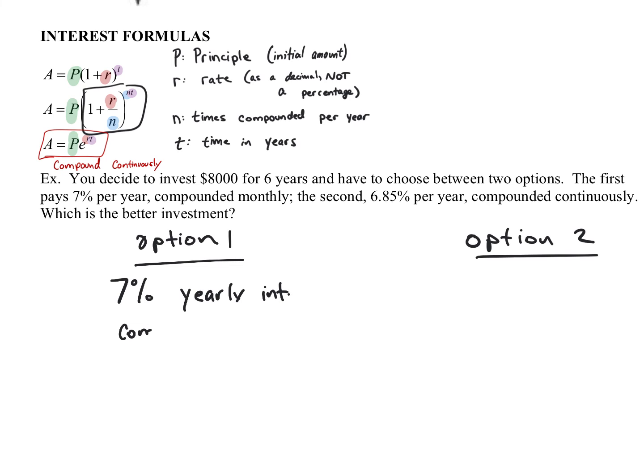We compound monthly. In the second, we get 6.85% interest, and that's compounded continuously.